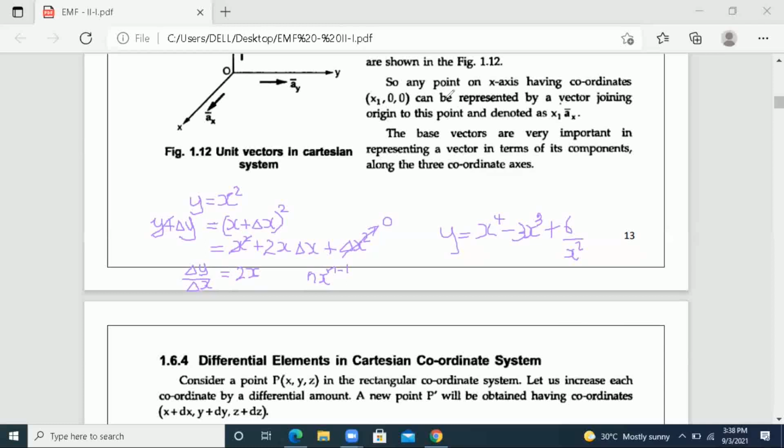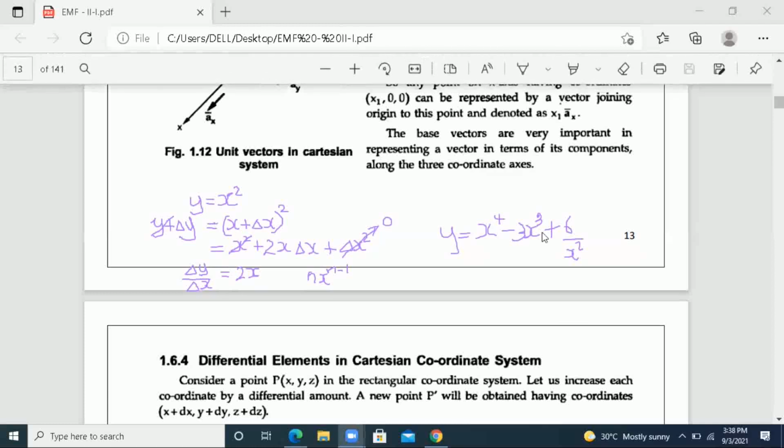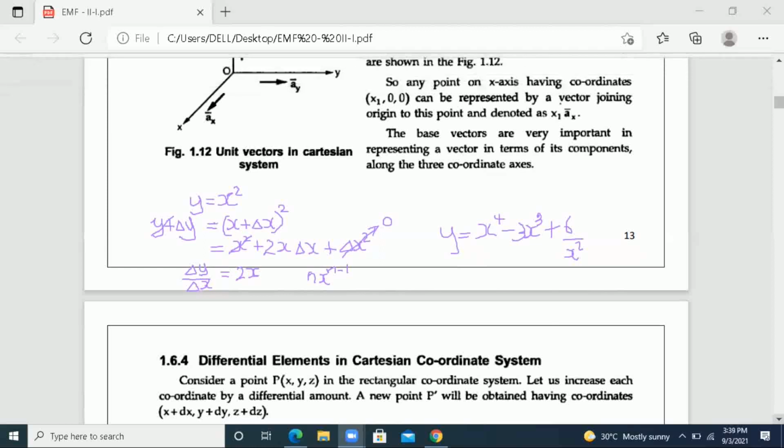So now you know what differentiation is all about.